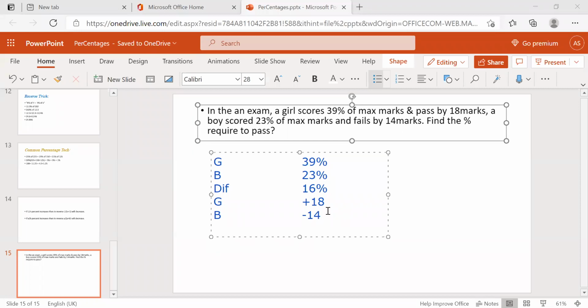Then the difference is 18 minus of minus 14, which is nothing but 32. Then we know the percent, 16% is equal to 32.